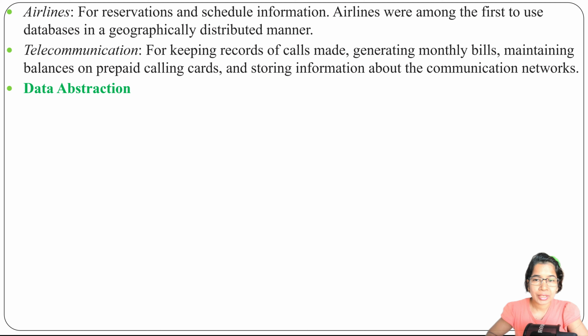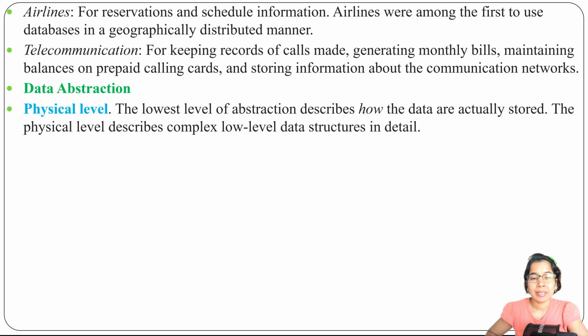Next, data abstraction. There are mainly three abstractions: physical level, logical level, view level. Physical level is the lower level, so it describes how we can store the data, how physically it will be stored. That's all about physical level. The physical level describes complex low level data structure in detail. Next is logical level. Logical level describes what data will be stored and how they are related.